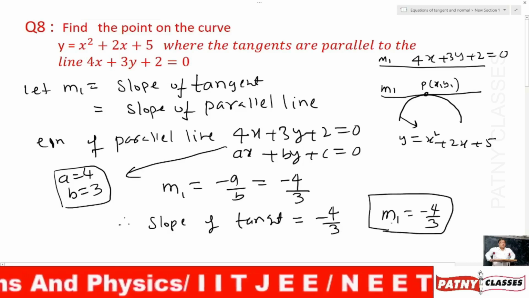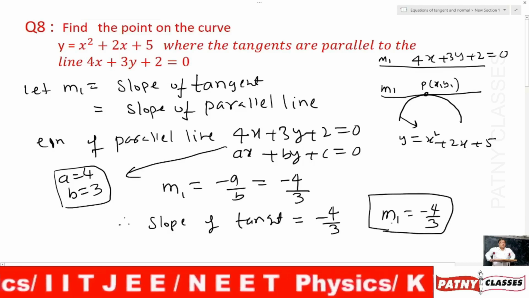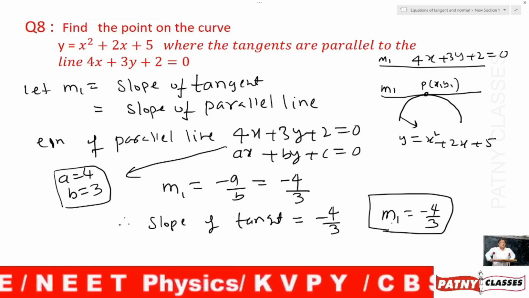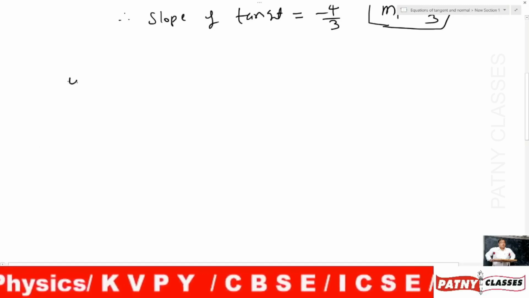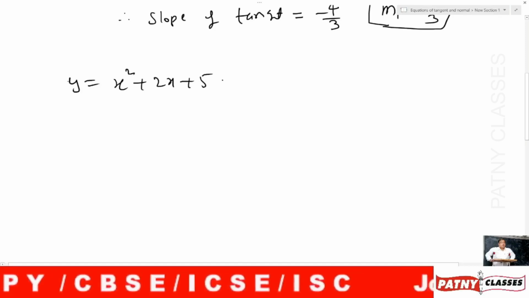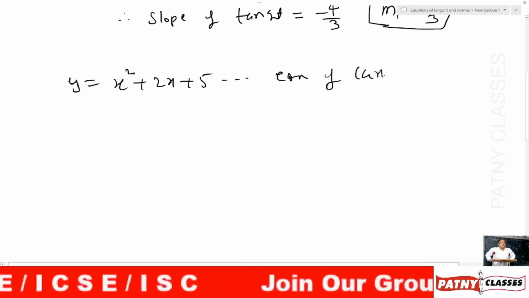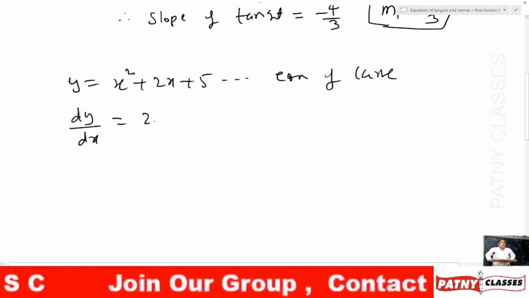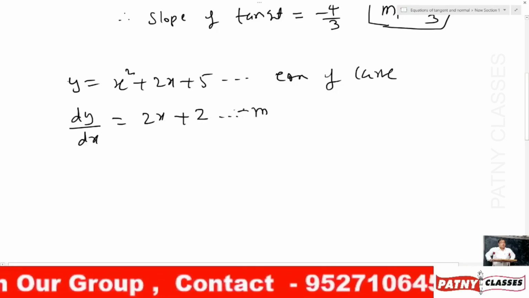Now the second step: the slope of tangent can also be obtained from the equation y equals x square plus 2x plus 5. That is the equation of the curve. Taking the derivative of that will give us the slope of the tangent. So y equals x square plus 2x plus 5, the equation of the curve, and dy by dx of this is 2x plus 2. And this also equals m1.